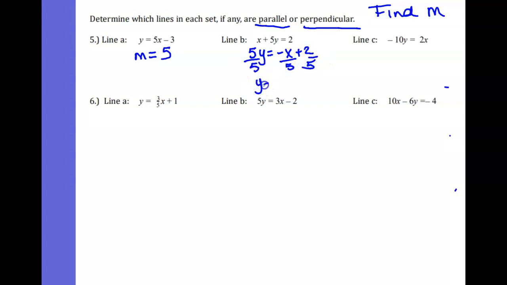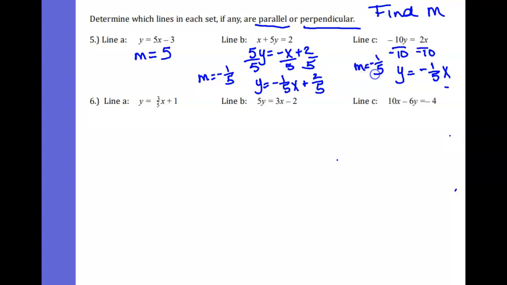Y is equal to negative 1/5 x plus 2/5. From here we can determine our slope is negative 1/5 for line B. All right, line C, when we divide by negative 10, we get y is equal to negative 1/5 x after we simplify. So here our slope is also negative 1/5.